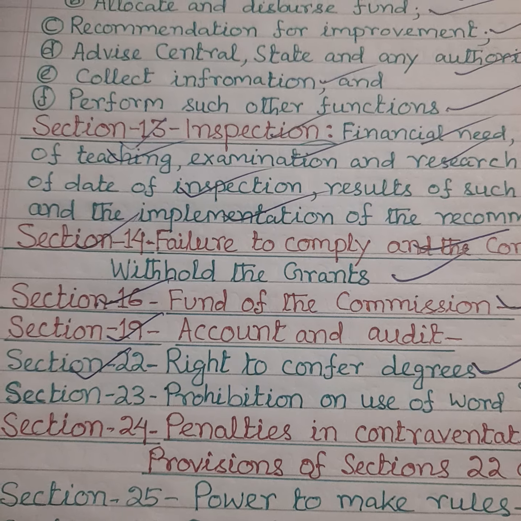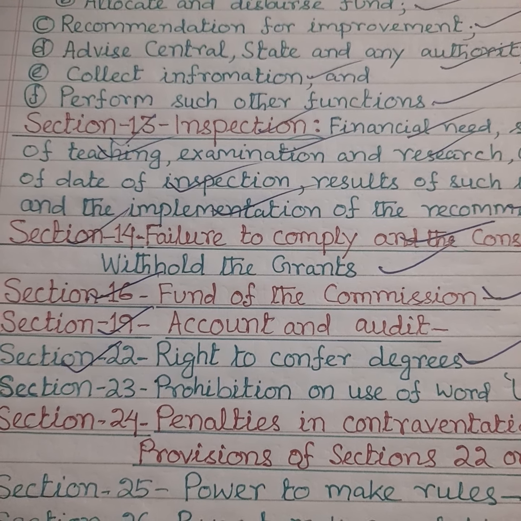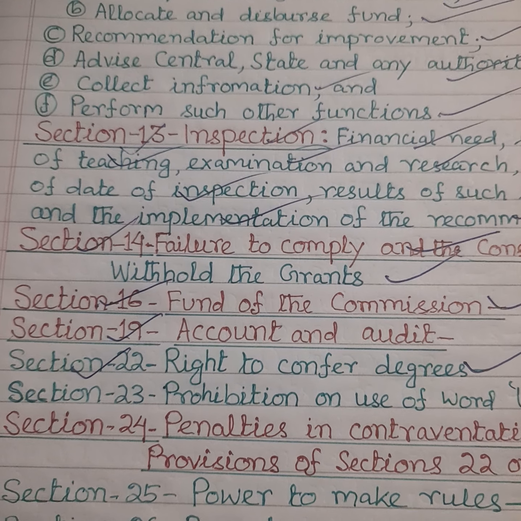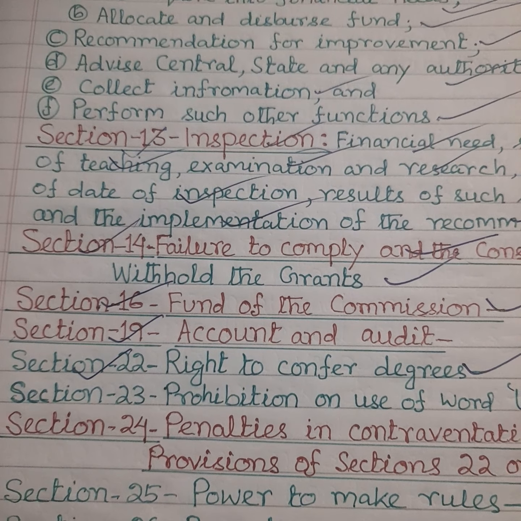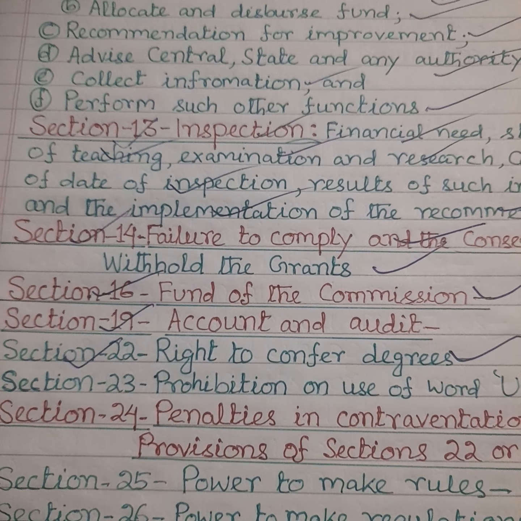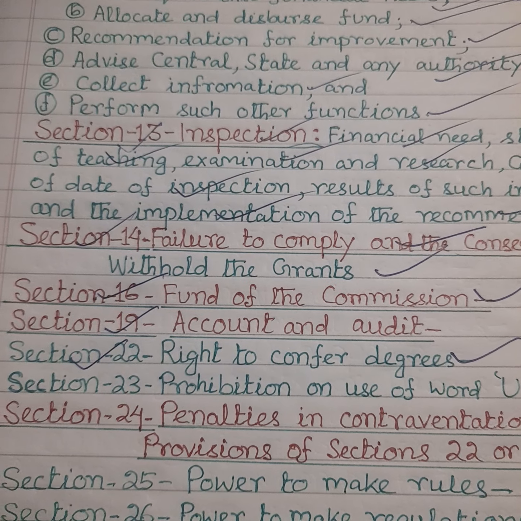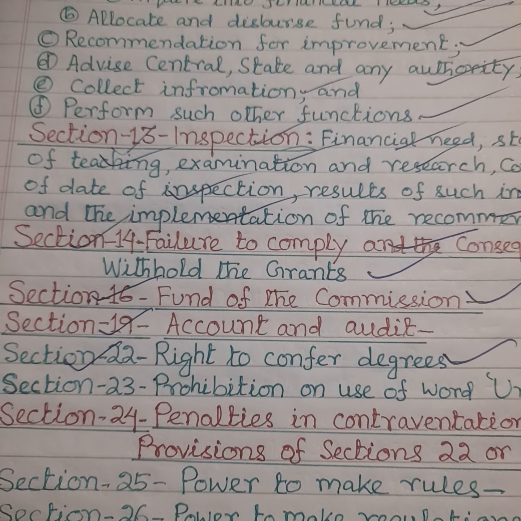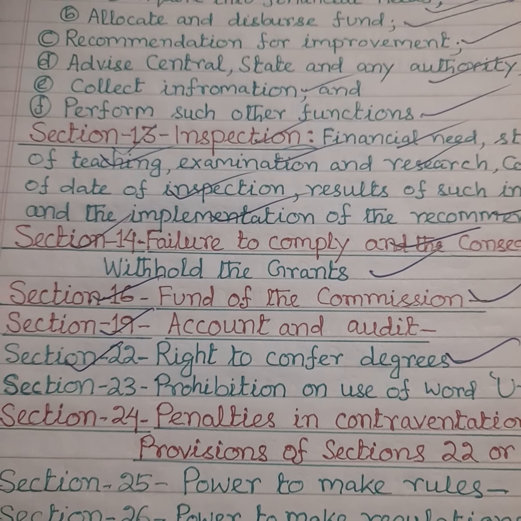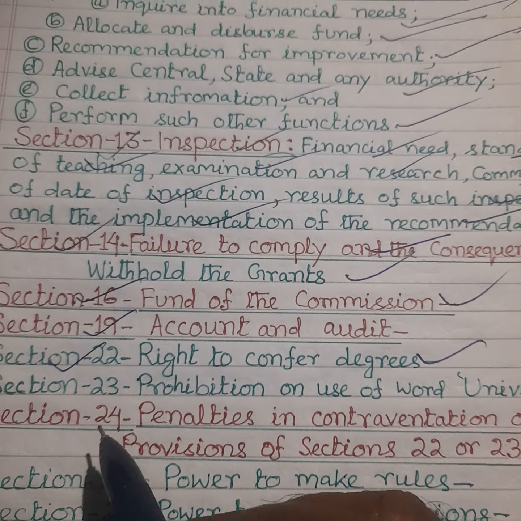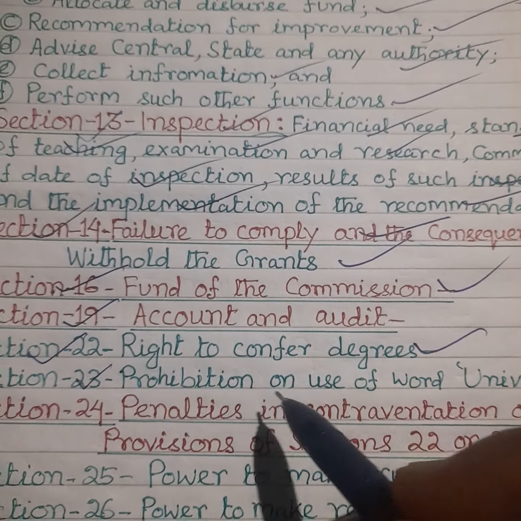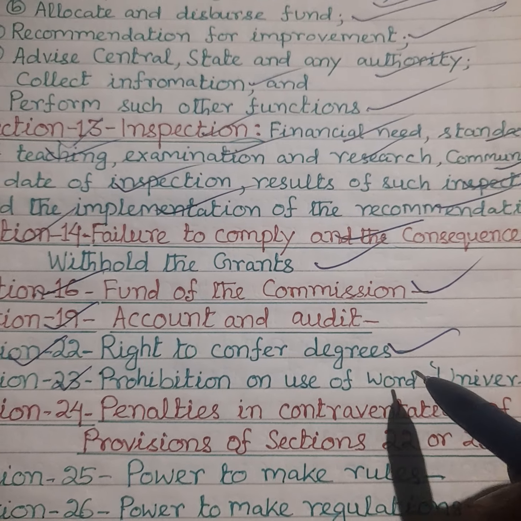And as per subsection 3 of Section 22, for the purpose of this section, degree means any such degree as may, with the previous approval of the central government, be specified in this way by the Commission by notification in the official Gazette.